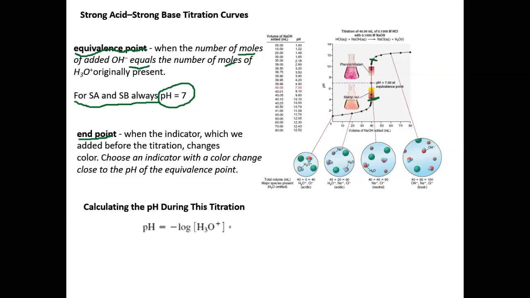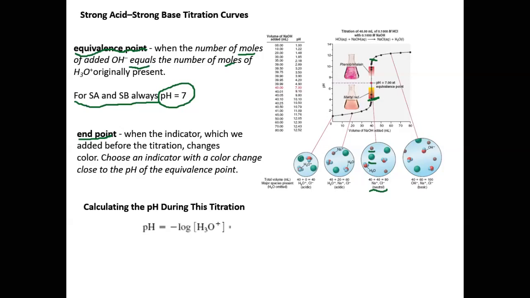So why is the equivalence point a pH of 7? It's because at that pH, the only species you have in solution are water, sodium ions, and chloride ions. Since sodium ions and chloride ions are neutral species, that's why you have a neutral pH.